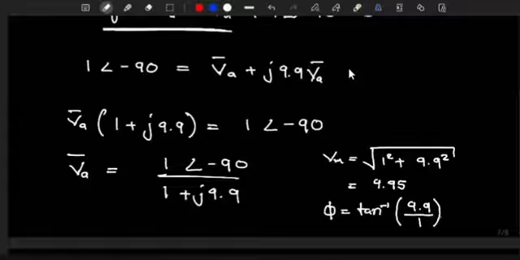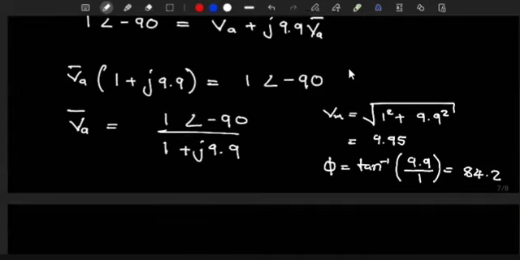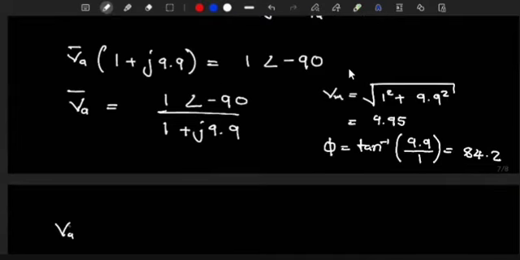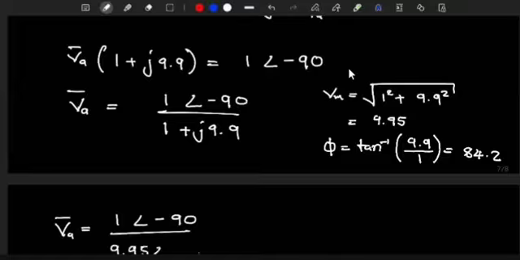So tan inverse of this will give you 84.2, meaning our VA will be equal to 1 phase minus 90 over 9.95 phase 84.2.